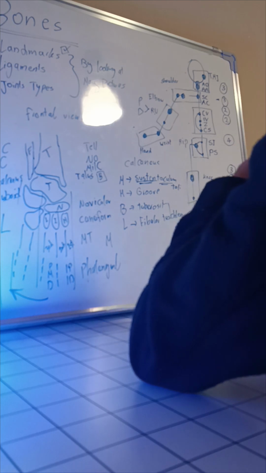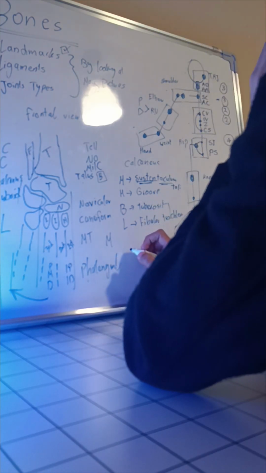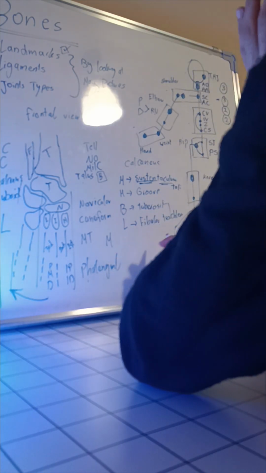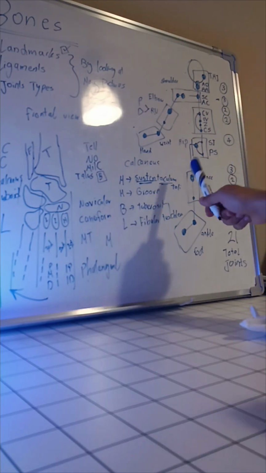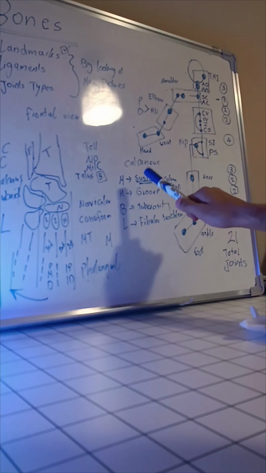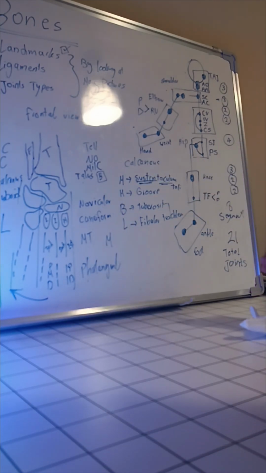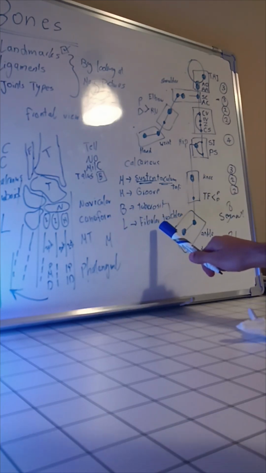So again, 1, 2, 3, 4. Let's make it 4, and also processes. So the sustentaculum tali in the medial aspect, and also in the medial aspect we're going to have the groove for the tendon of the flexor hallucis longus muscle. And also in the back we're going to have the tuberosity.